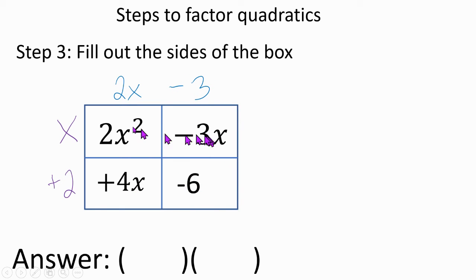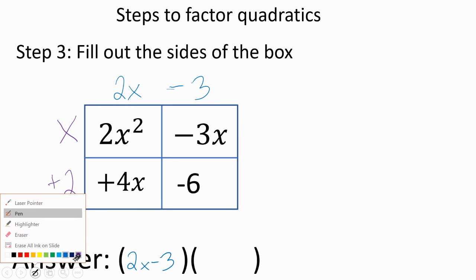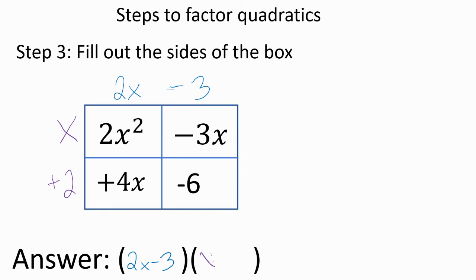Since it is, you know you did all of your work right. And then you're going to put your answer in the box. It doesn't matter as long as you have the same side in the same parentheses. But you could write it backwards. You could write x plus 2, 2x minus 3. Either way, you would get a right answer.